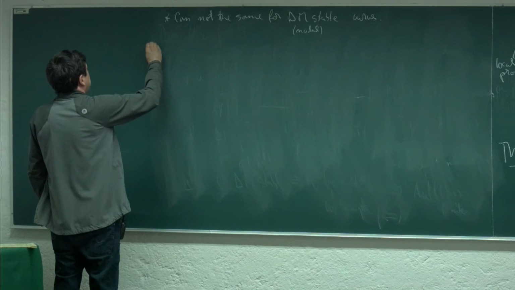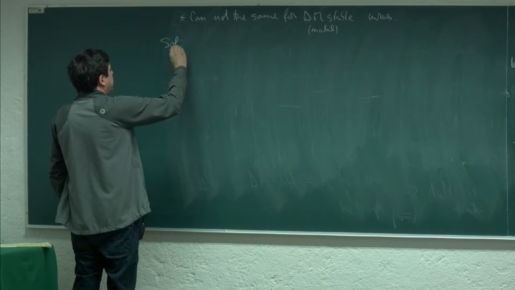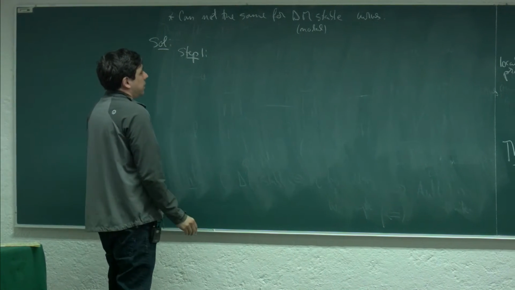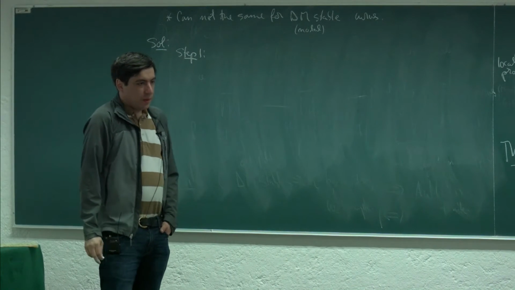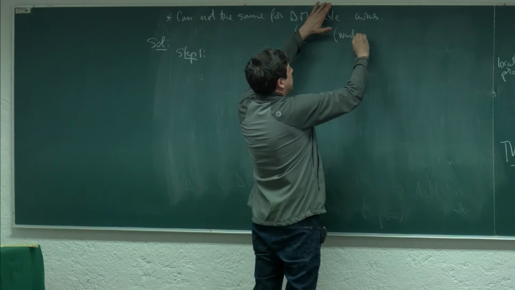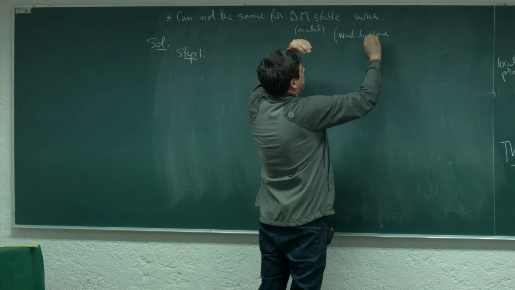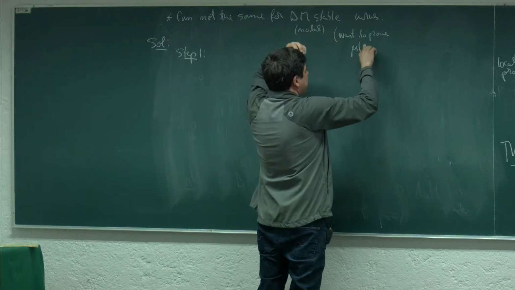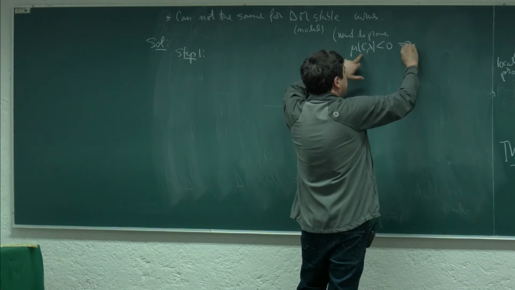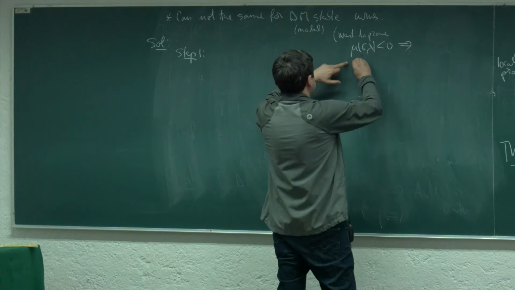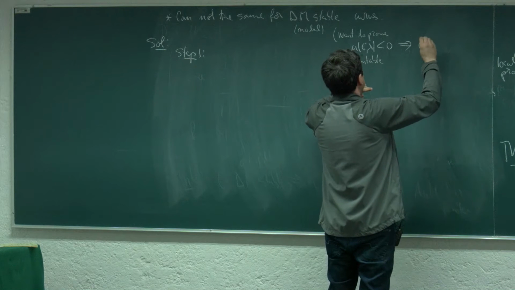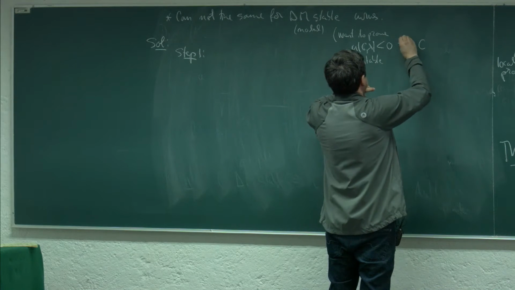So the solution is as follows. In step one, when you say cannot do the same, they are not stable? No. So you want to prove that if mu of x, C and lambda is less than 0, which means unstable, then it forces C to be not DM stable.